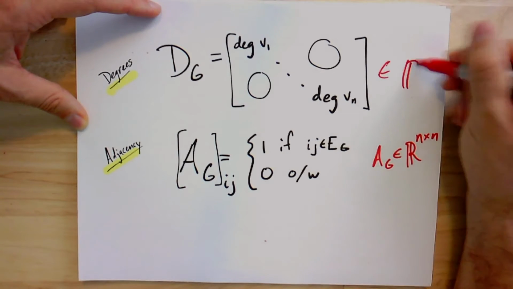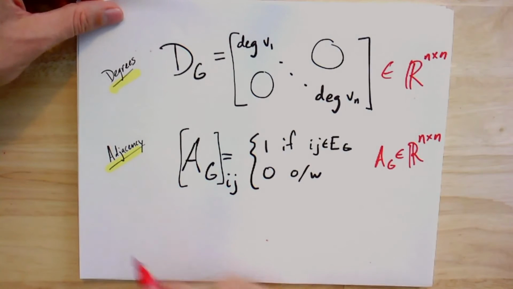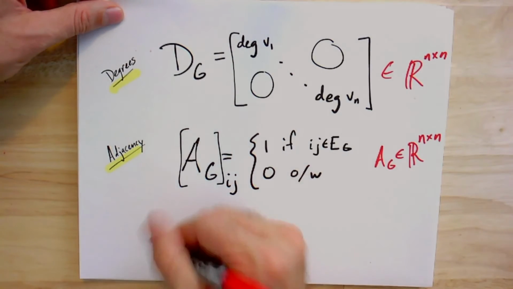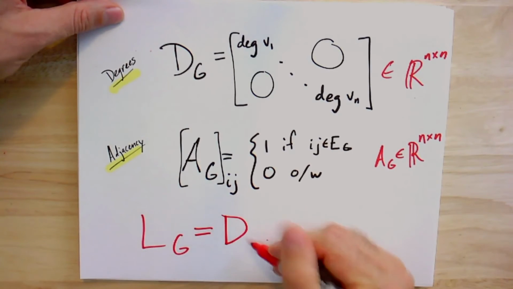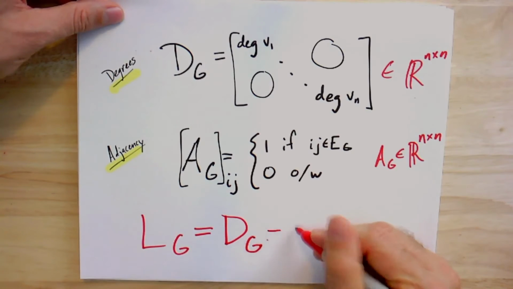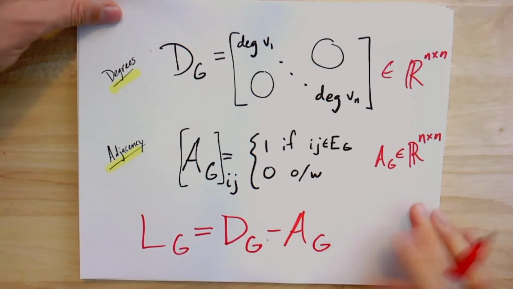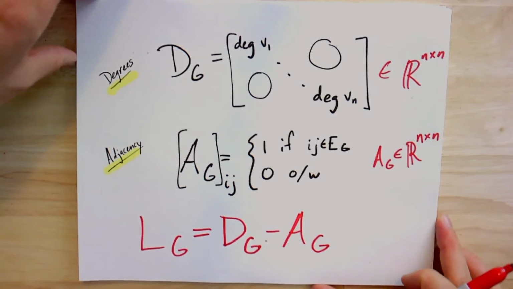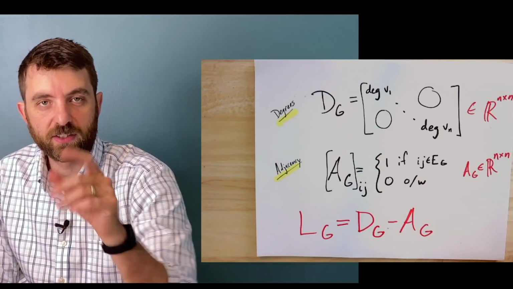This one as well is n by n. And the Laplacian, of course, is also n by n. But you can see from this that the Laplacian is just equal to this degree matrix minus the adjacency matrix.